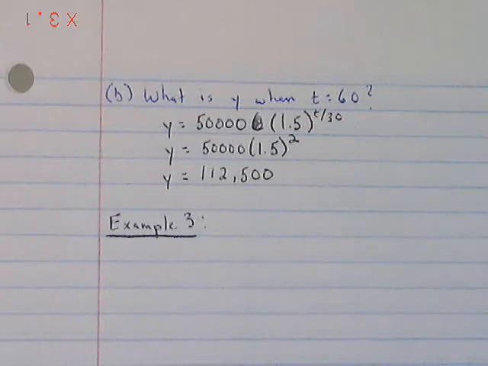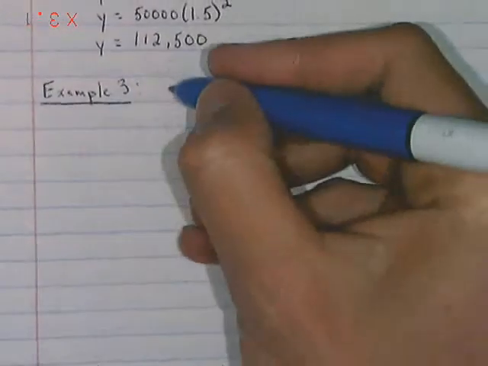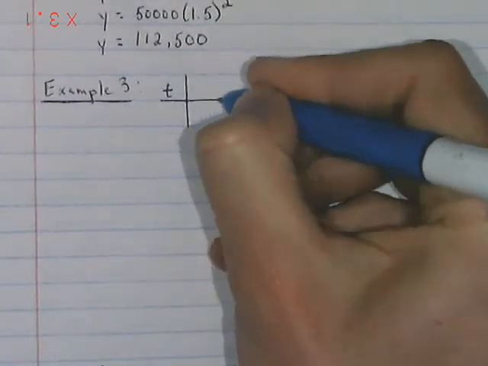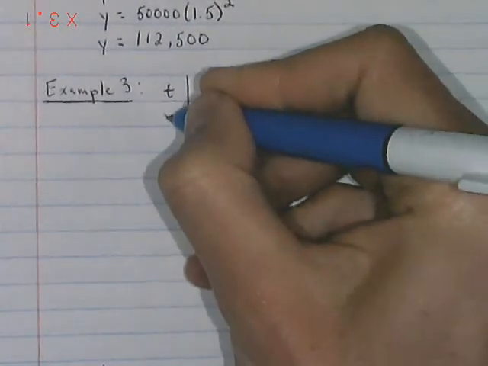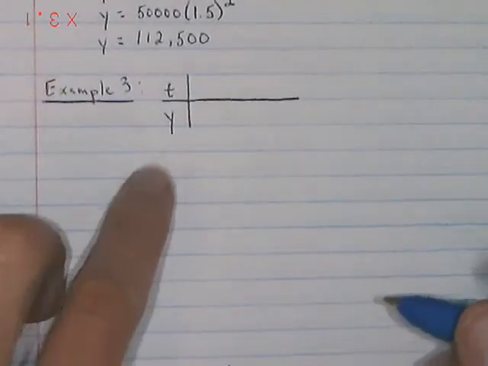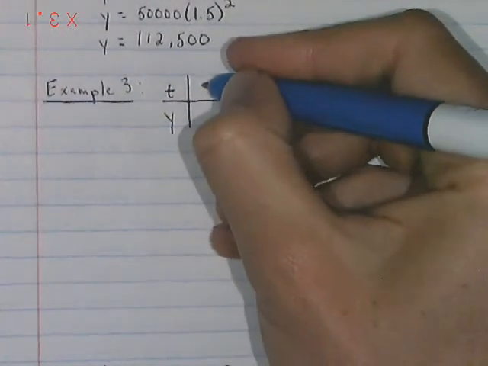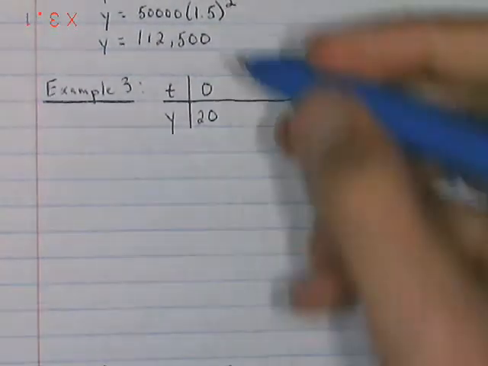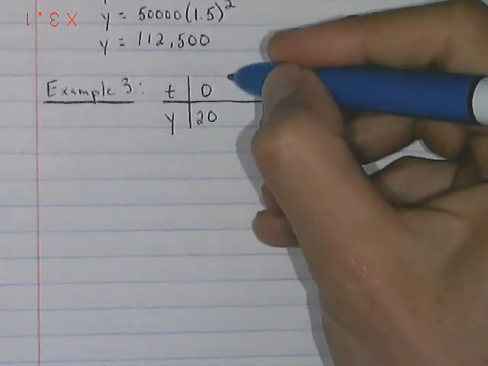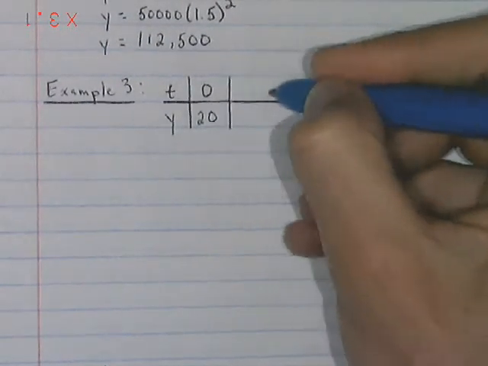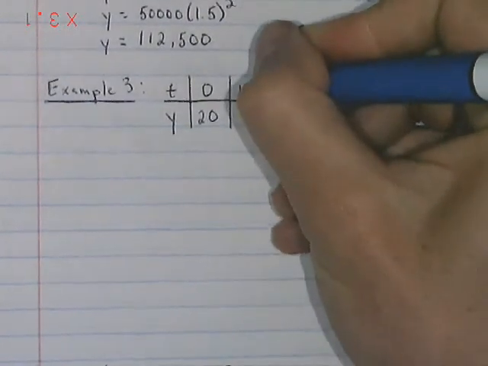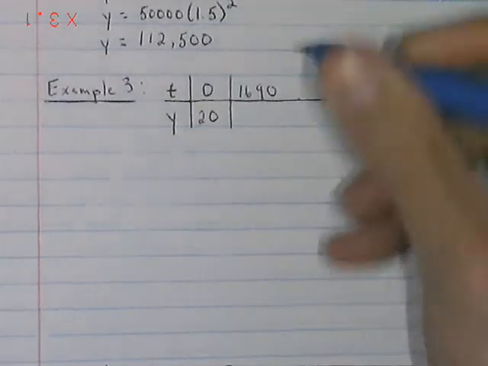So, as with our growth problems, we're going to start with a t-chart, comparing time elapsed to quantity present. Our initial quantity at time 0 is 20 milligrams. We're told the half-life is 1,690 years.